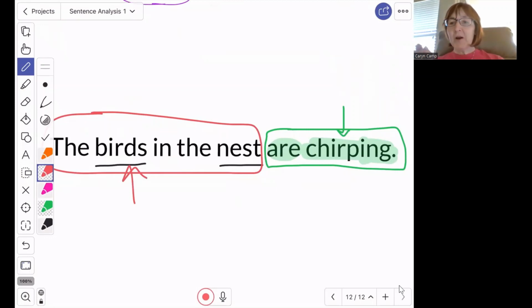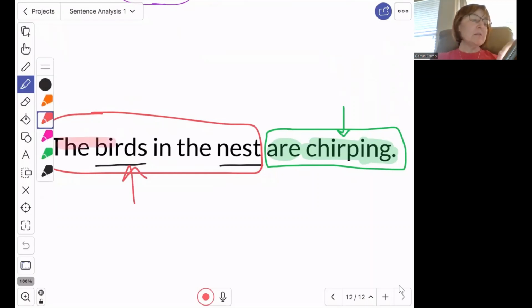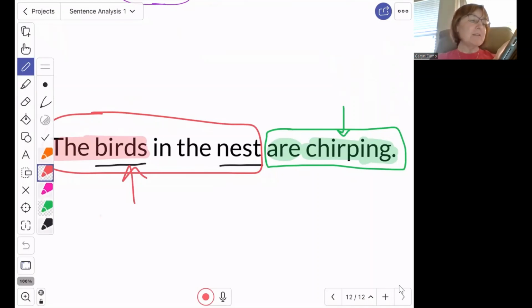But the most important part of the subject is the noun that's doing the action, okay? This whole sentence is not about the nest, it's about the birds. So the birds here, that's the subject, that's the noun subject, the subject noun. We sometimes call this the simple subject.